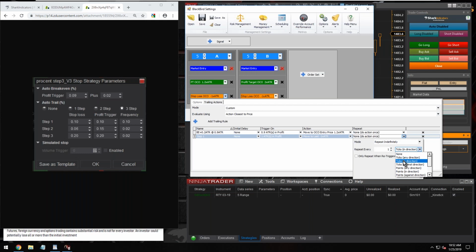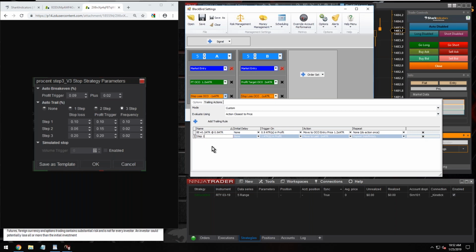So we'll just select ticks, and I guess I'll just set this to 10. I'll just move the decimal place over 2 spots and just convert 0.1% to 10 ticks. There. All right, so there's step 1.